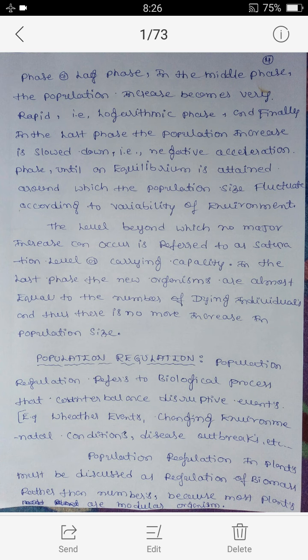And finally, in the last phase, the population increase is slowed down, that is negative acceleration phase, until an equilibrium is attained around which the population size fluctuates according to variability of environment.